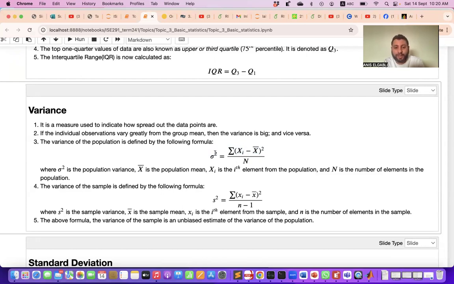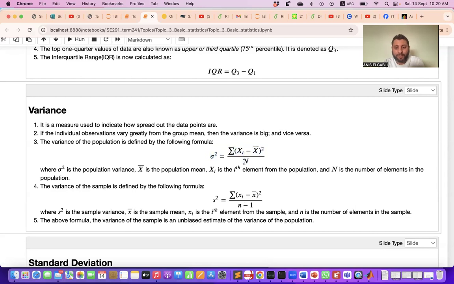So when this is large, the points are more scattered around the mean. And when this is small, the points are more dense, closer to the mean, okay? This is the population variance.